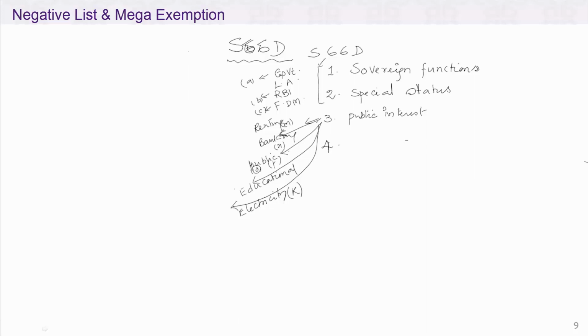Educational services, the learning process, is under clause L. 66D L puts the educational services under negative list. What are the education services that have been given? We have to go in detail. Just I am giving you an overview. Then we will go in detail. So this is a story in the public interest.